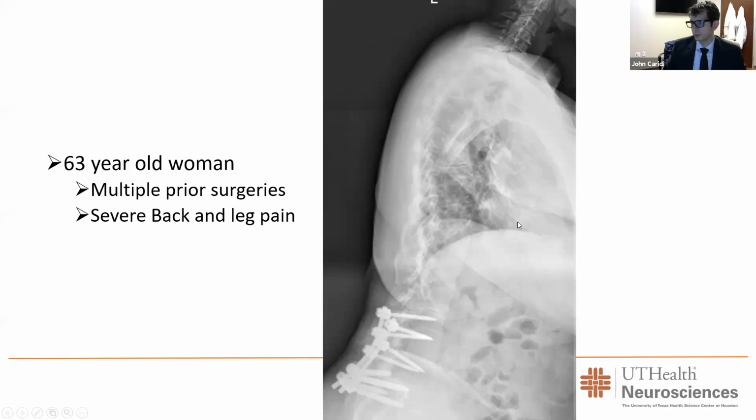She came in with the classic complaints of severe low back pain worsening throughout the day, can't stand up straight. And by the way, I have no advanced imaging on any of these people. I'm just showing you their x-rays.